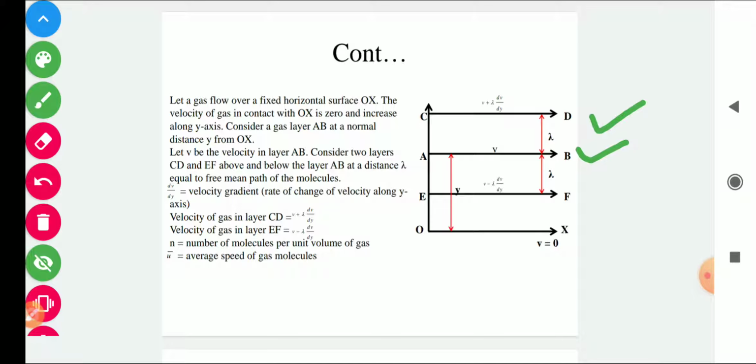So the velocity of the upper layer will be v plus lambda dv by dy. Similarly, the lower layer is moving with a lower velocity, equal to v minus lambda dv by dy.